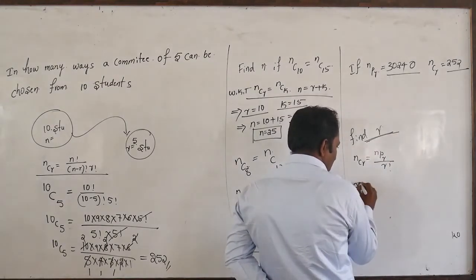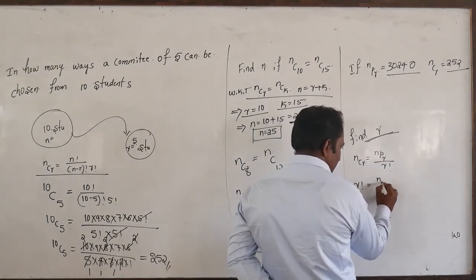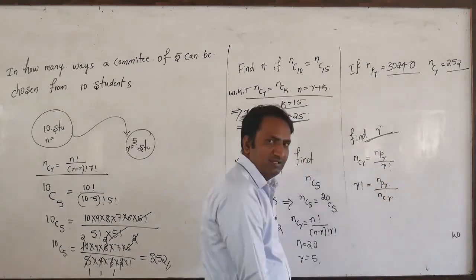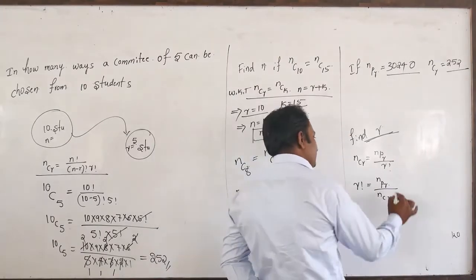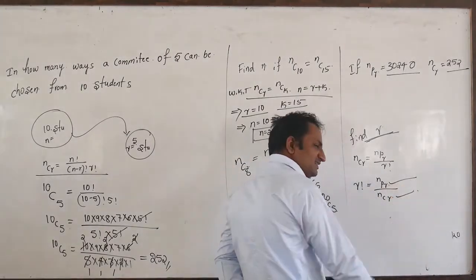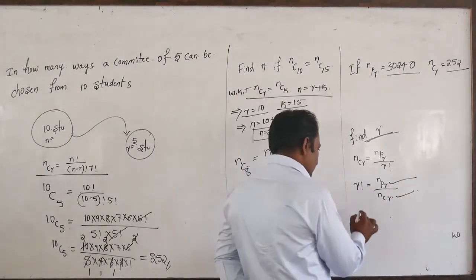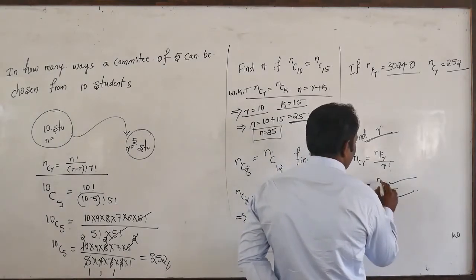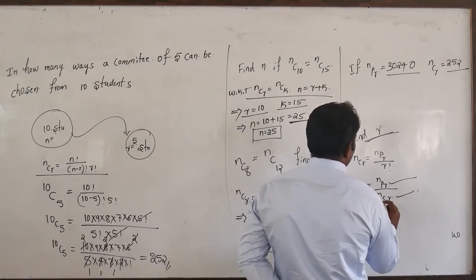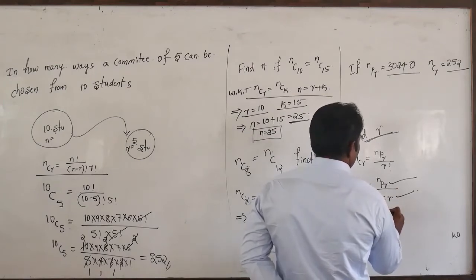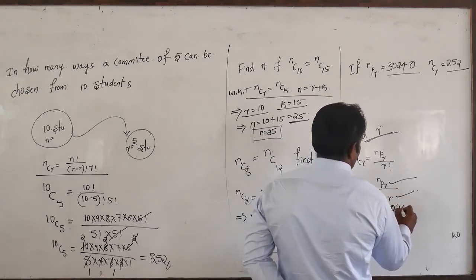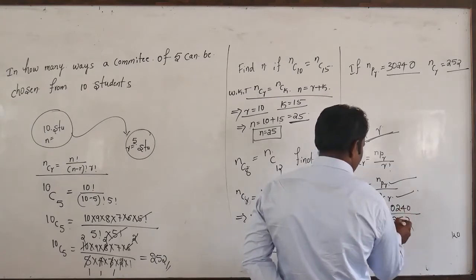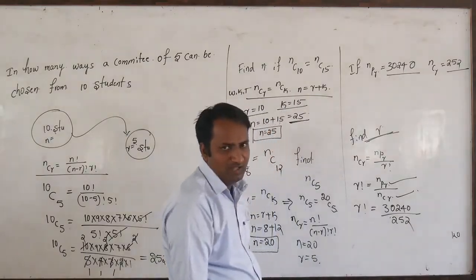That's why r factorial is equal to nPr divided by nCr. Here we know the nPr value as well as the nCr value. So r factorial is equal to 240 divided by 252. Simplifying, we get the r value.